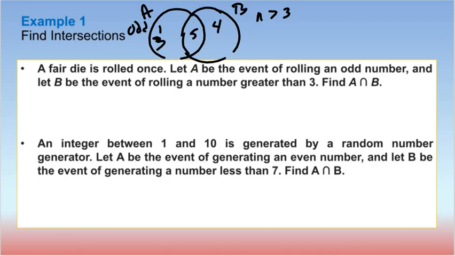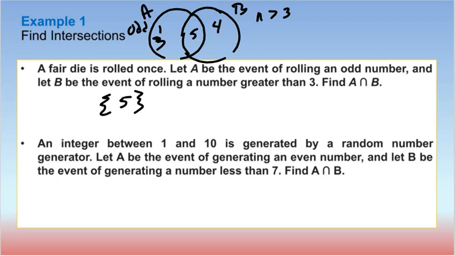So those would be our numbers. The only number that we could have in both would be 5. 5 is an odd number that's greater than 3. We only have one possible outcome for that.